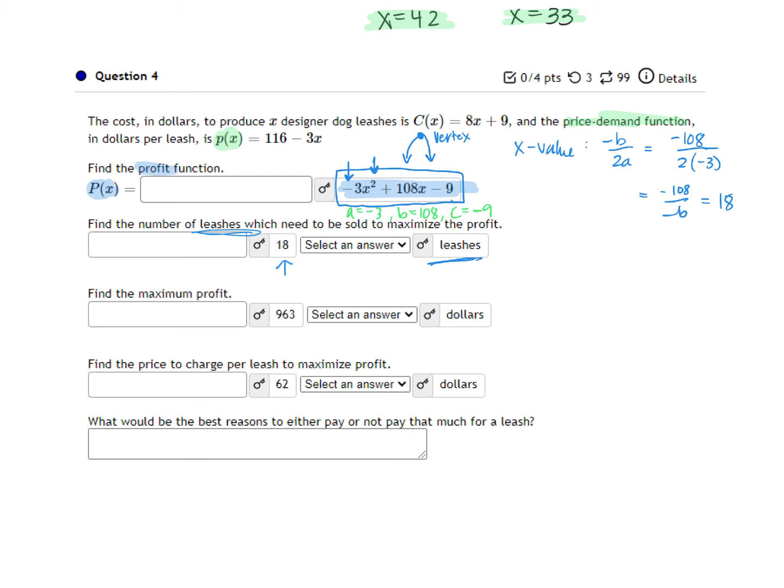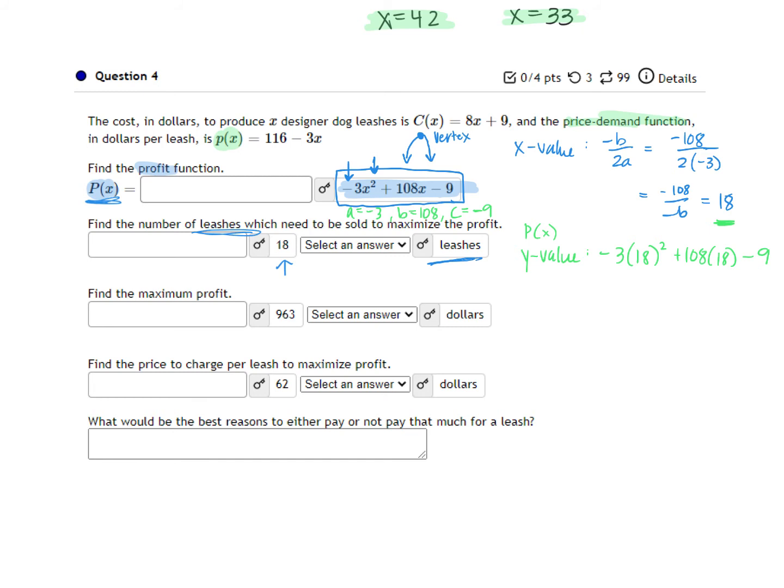Next is find the maximum profit. The profit is the Y value. So to find the maximum profit, we're going to plug 18 in. The Y value, in this case Y is P of X, that's the profit. We're going to plug in our X value and see what we get. So negative 3 times 18 squared, plus 108 times 18 minus 9.